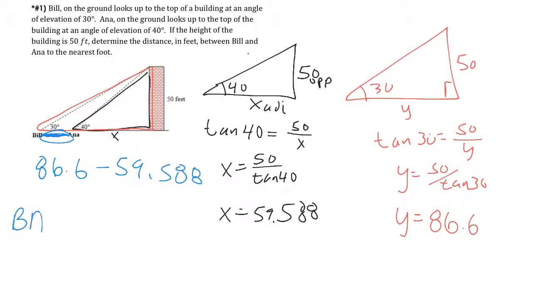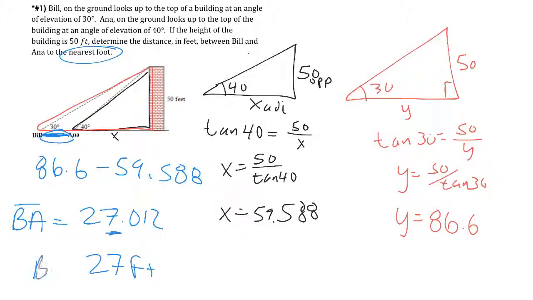So the distance between Bill and Anna is 86.6 minus 59.588. And it says in feet to the nearest foot, so I'm going to round to the nearest foot, which is just 27 feet. So that's the distance between Bill and Anna.